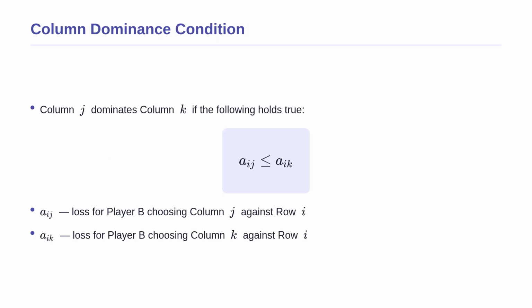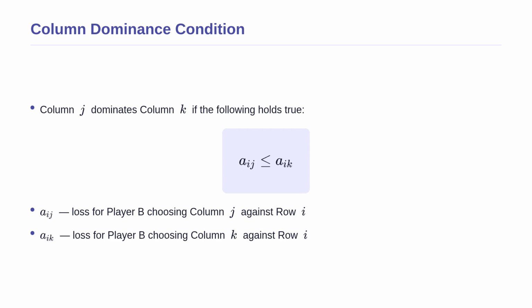Just as we did for the row player, let us formalize the column player strategy mathematically. The formula states that column j dominates column k if A_ij is less than or equal to A_ik for all possible rows i. Conceptually, this means the losses in column j are always smaller.